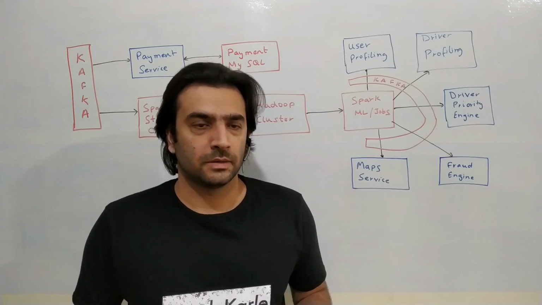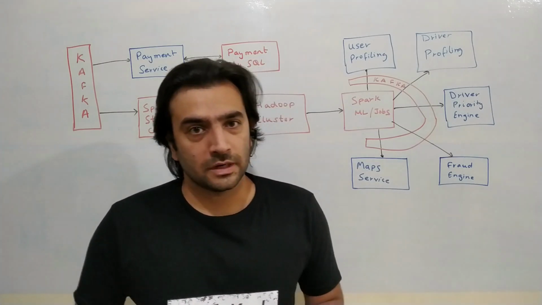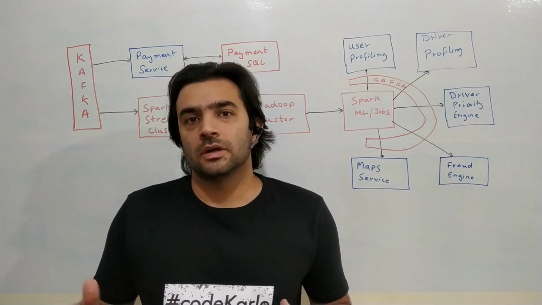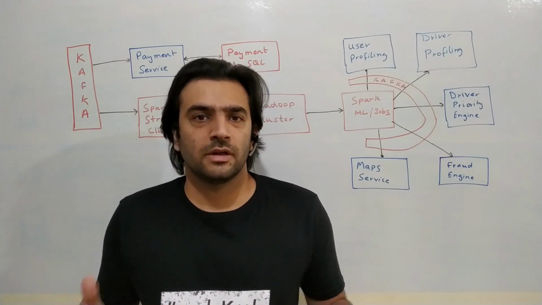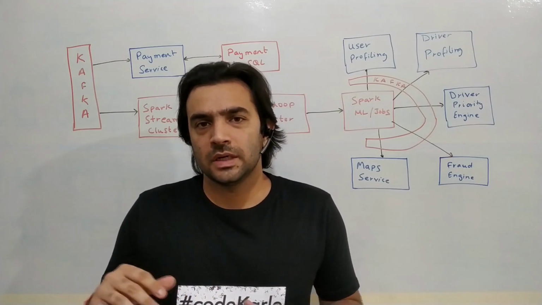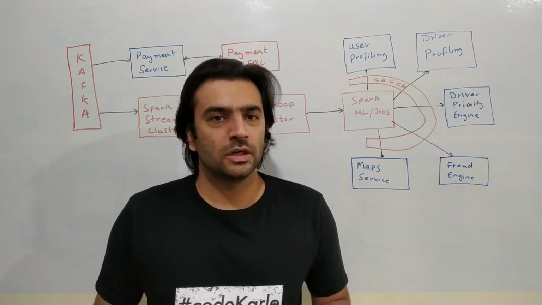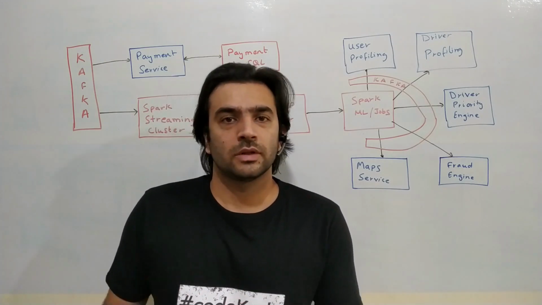So that could be an input into the map service for at least the traffic data and some of the road condition data also. If the average speed of drivers on certain roads is very high, we can assume that it's a freeway or highway or a good road. If the average speed is very low, we can assume that there is either high traffic or the road is not in good condition, or there is something wrong with the road.